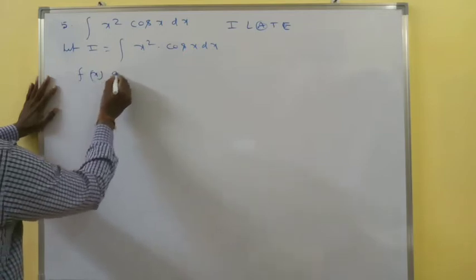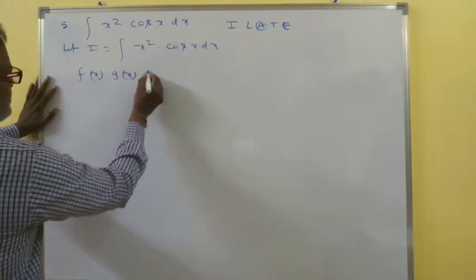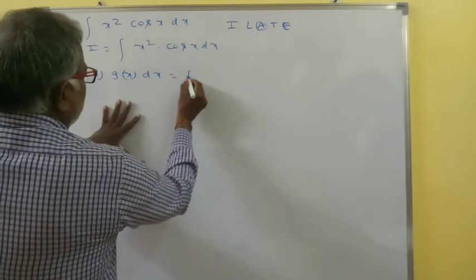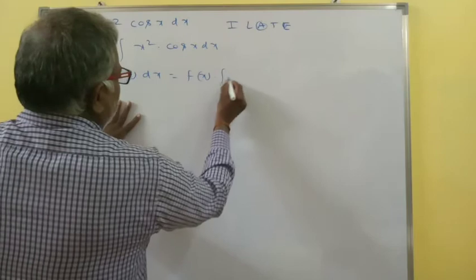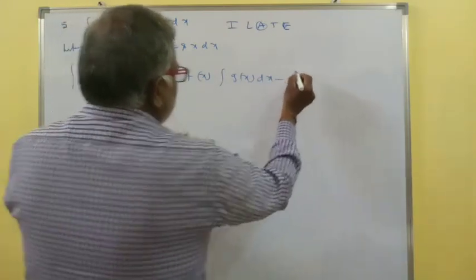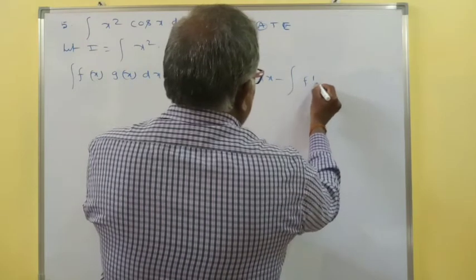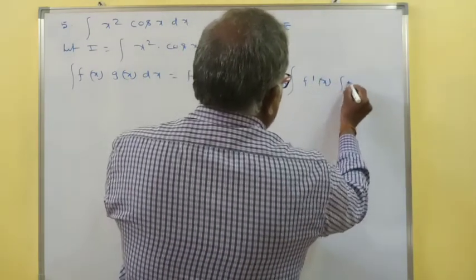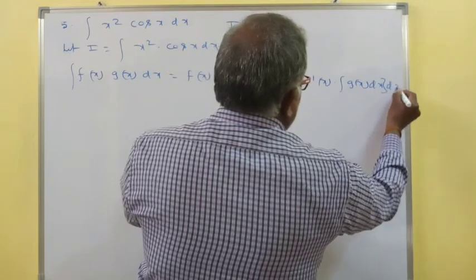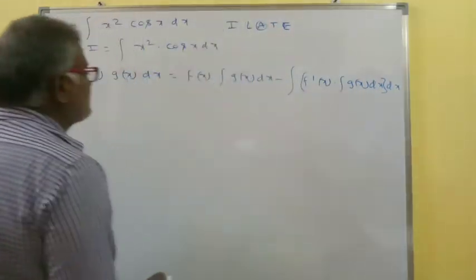Integral f of x g of x dx is equal to f of x into integral of g of x dx, minus integral of f dash x into integral of g of x dx. Okay.